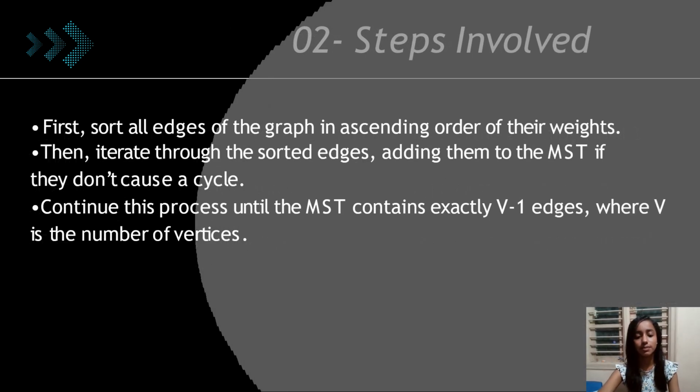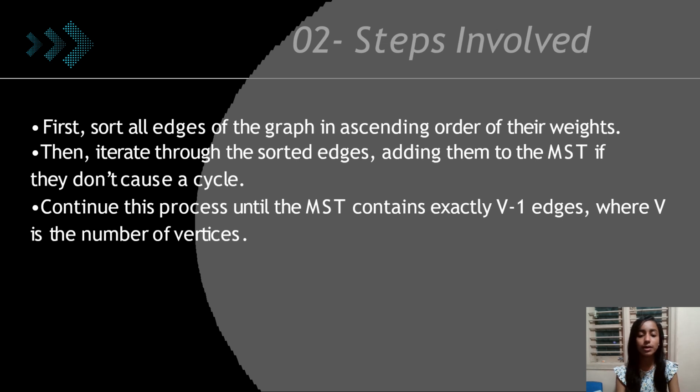Next is the steps involved for Kruskal's algorithm. Kruskal's algorithm begins by sorting all the edges of the graph in ascending order based on their weights. Next, it iterates through the sorted edges and adds each edge to the minimum spanning tree if it does not form a cycle with the edges already included in the minimum spanning tree.